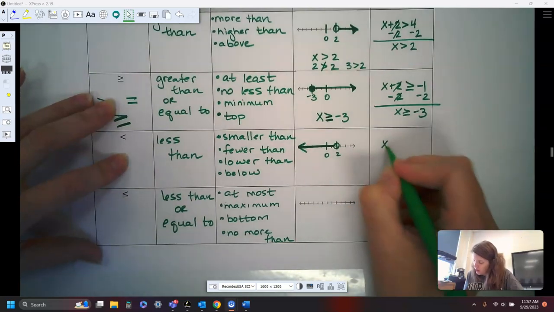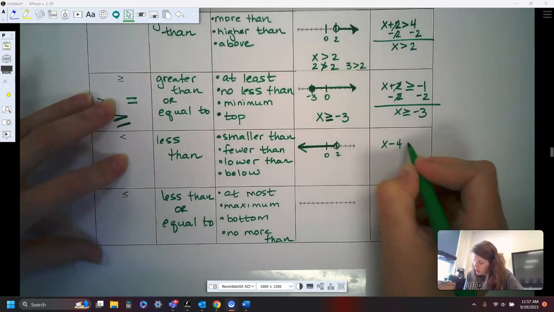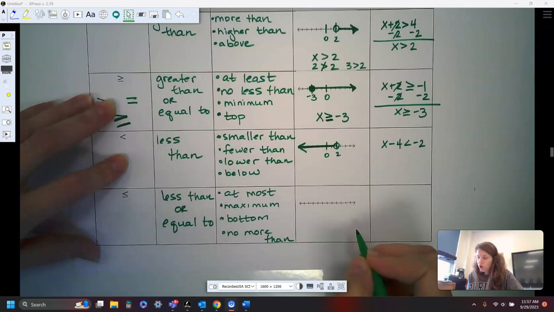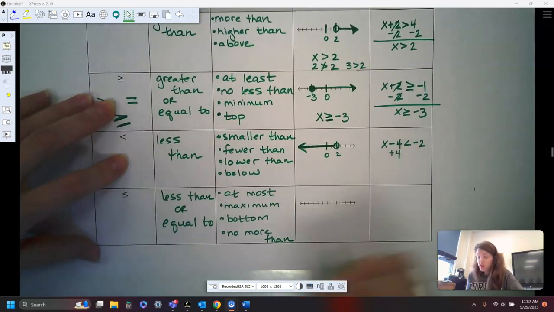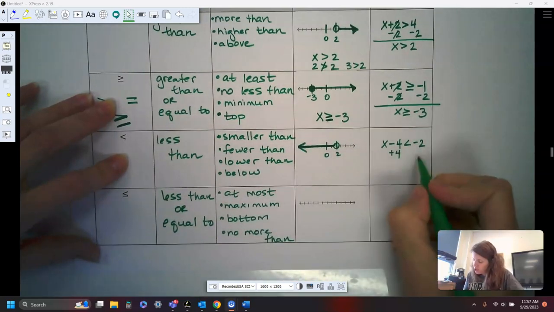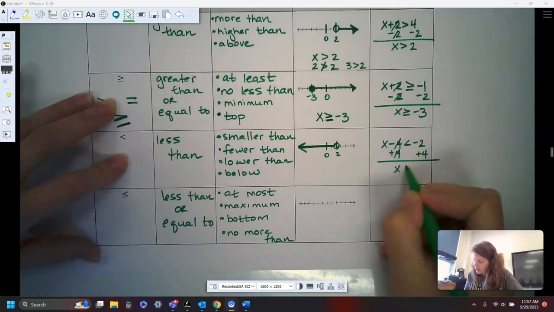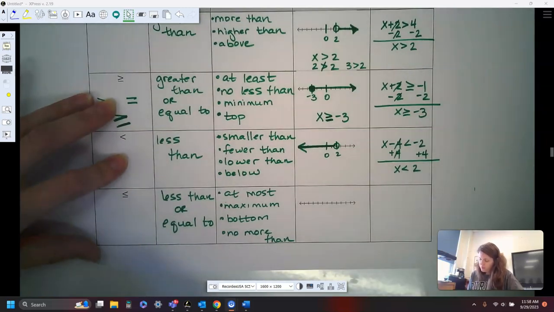We can use a different one. Let's do x minus 4 is less than -2. Okay, so again, we are just solving an inequality just like we solve an equation. So we're going to solve like this. Add the 4, and we get x is less than -2 plus 4, which is 2.